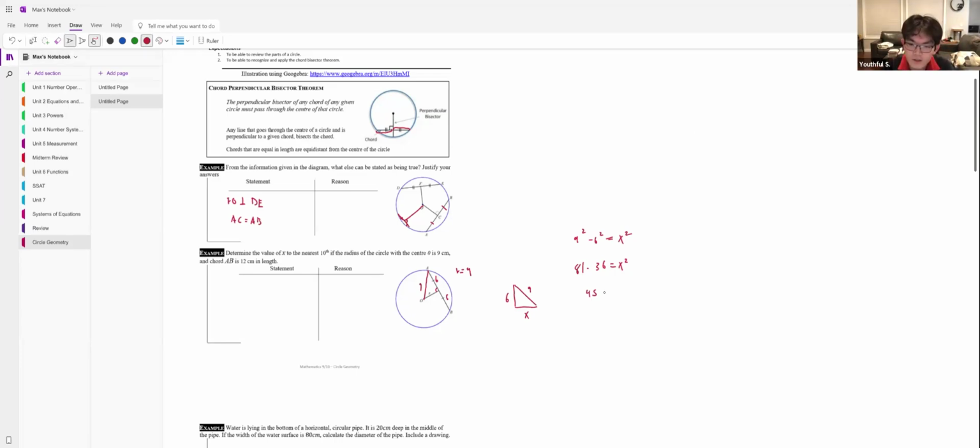Okay, so x squared is equal to 45. x is equal to root 45. And it says to the nearest tenth, so square root 45 is 6.7. Yeah, 6.7, because to the nearest tenth. x is equal to 6.7 centimeters.